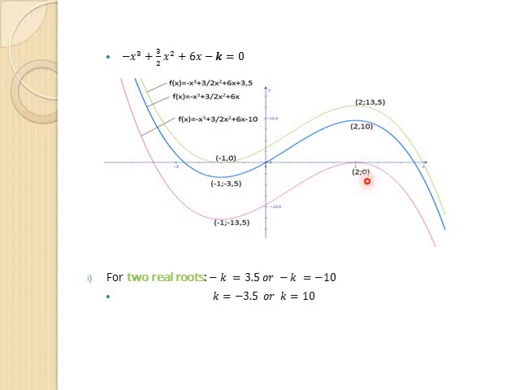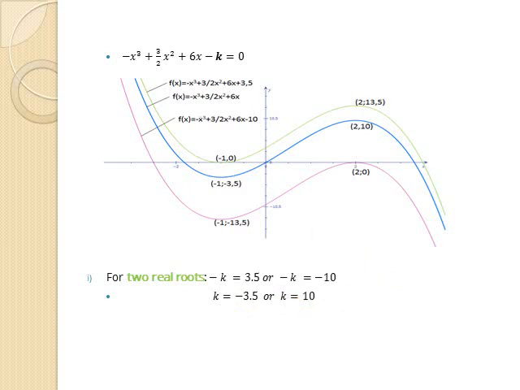So for it to make contact at two places, you can see there 2 roots, or the one in pink, 2 roots. So negative k equals 3,5, or negative k equals negative 10. Divide the negative away: k equals negative 3,5, or k equals 10.